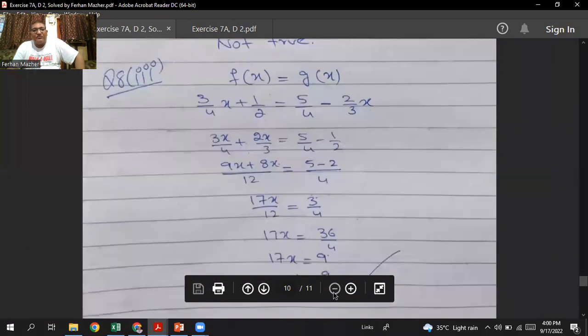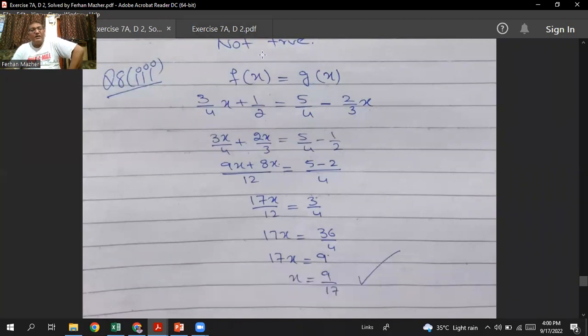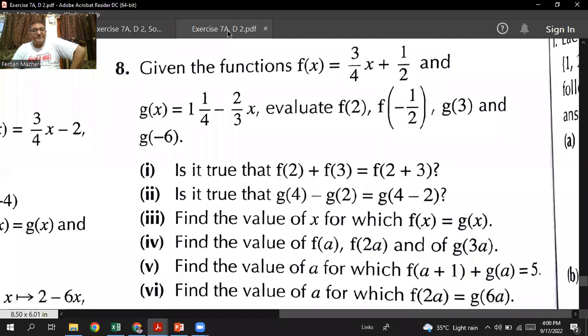I hope you understand this part. Now the whole question is showing up on your screen, and you can pause the video and take your time with this question. The fourth part, he says, find the value of f of a, f of 2a, and g of 3a.